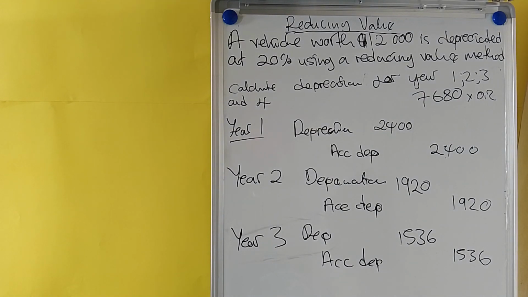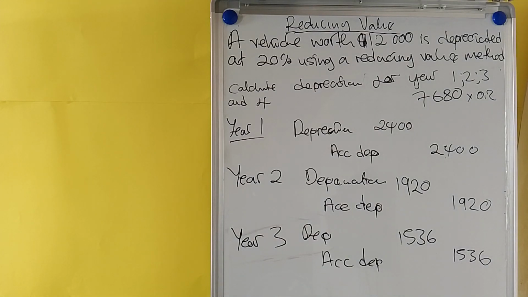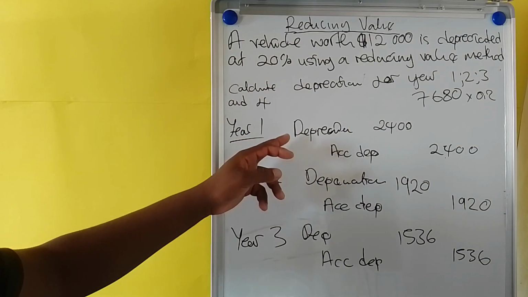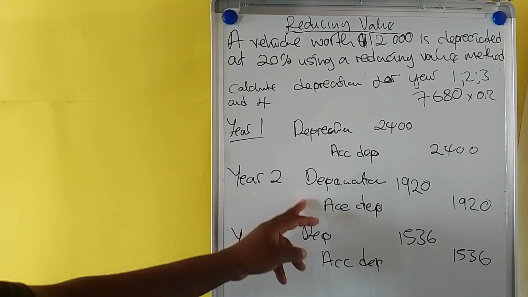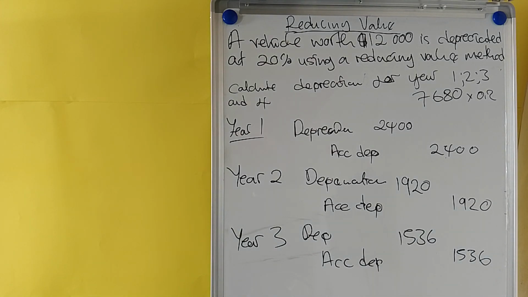If you look at the accumulated depreciation, it is increasing, but the annual depreciation being charged on the motor vehicle is reducing. It was high in the first year, reduced in the second year, and reduced further in the third year. Now let's look at year 4.